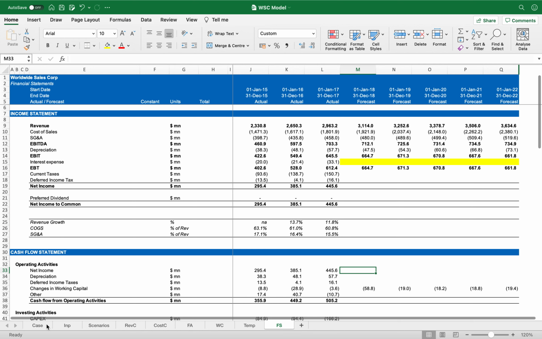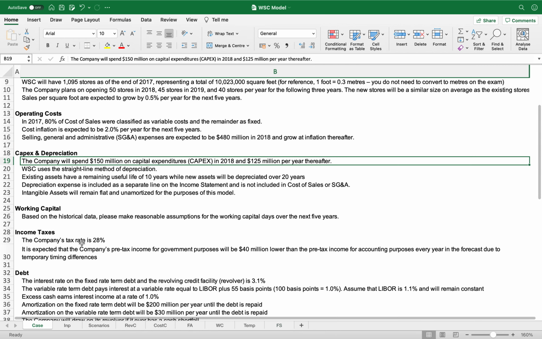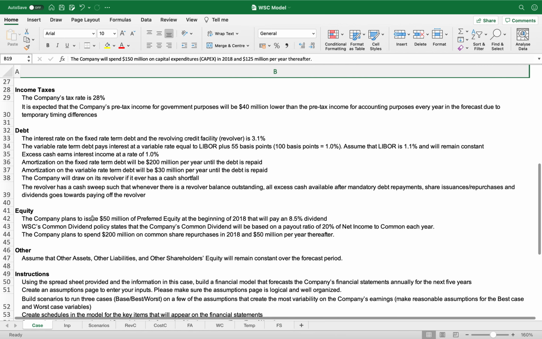Now let's go back to the case study again and see the next segment of income taxes. We are being told that the company's tax rate is 28%, and it is expected that the company's pre-tax income for government purposes will be $40 million lower than the pre-tax income for accounting purposes every year due to temporary timing difference.